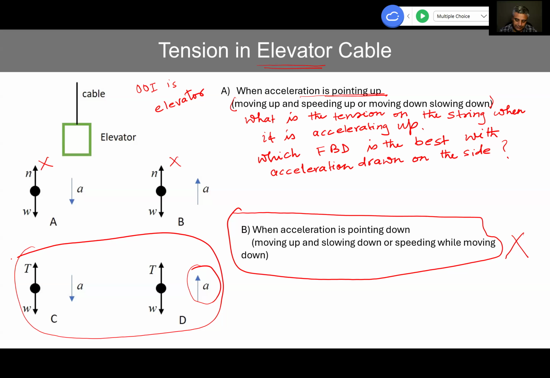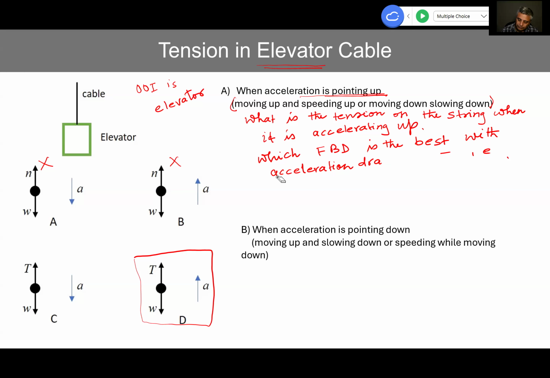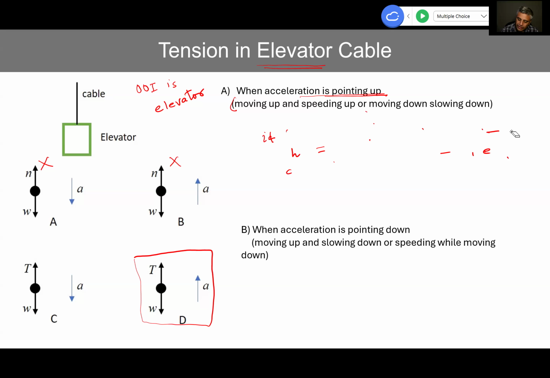It says accelerating up, so we need to write something like that. So D is the correct answer for this case. Now let's write the equation, Newton's law, to find the tension.